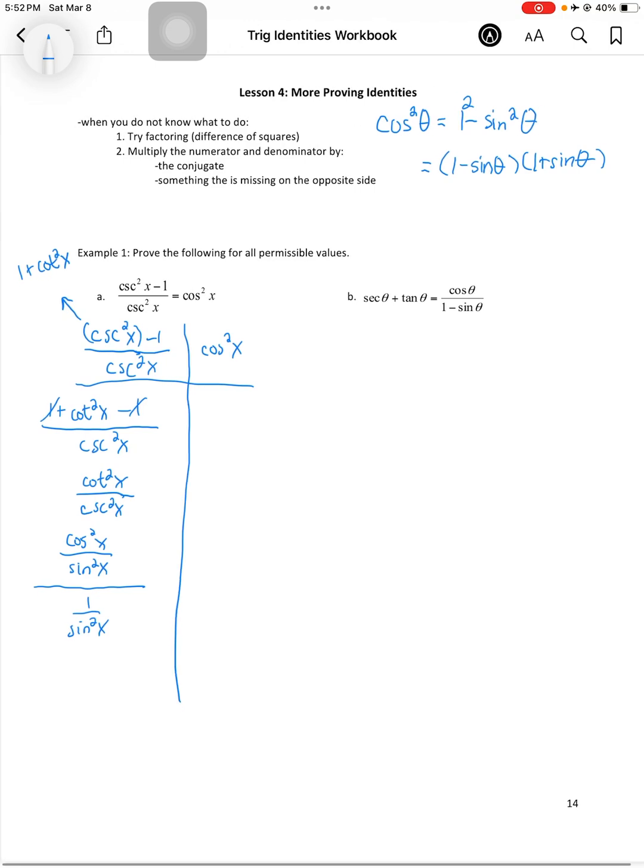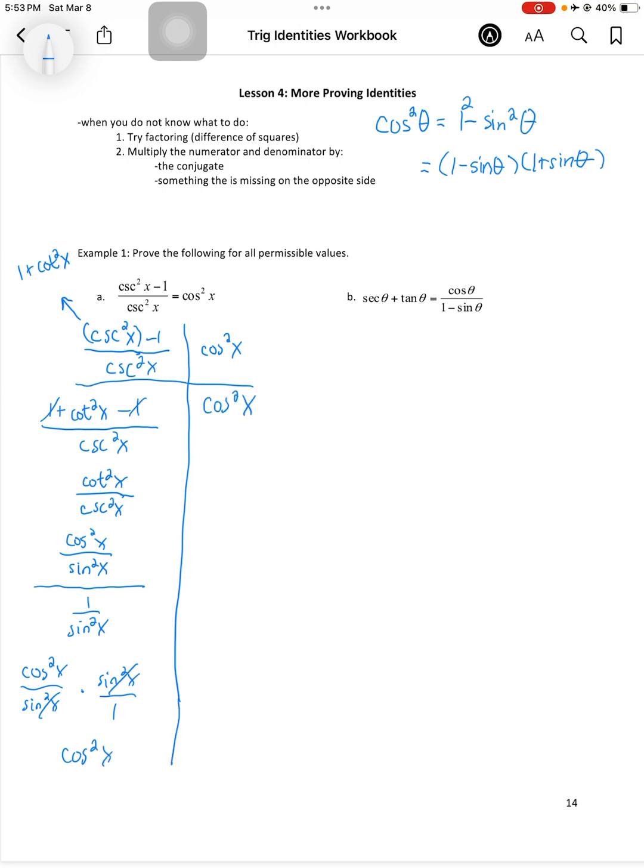From here, it's going to become cos squared x over sine squared x times sine squared x over 1. Sine squared x cancels, and now we're left with cos squared x. Now the left-hand side equals the right-hand side.